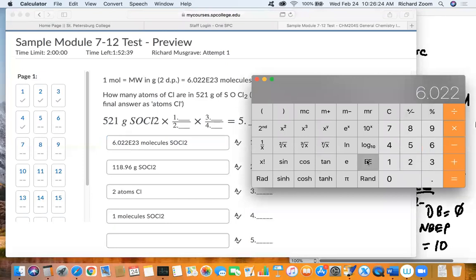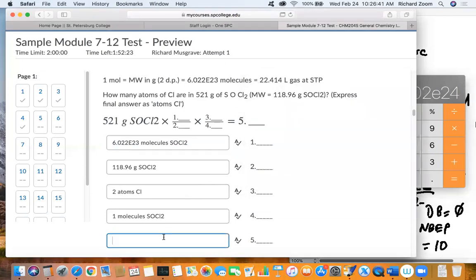And that would be 5.27 times 10 to the 24th, E24, and that would be atoms of Cl as the answer there. Does anybody have any questions? Any questions?